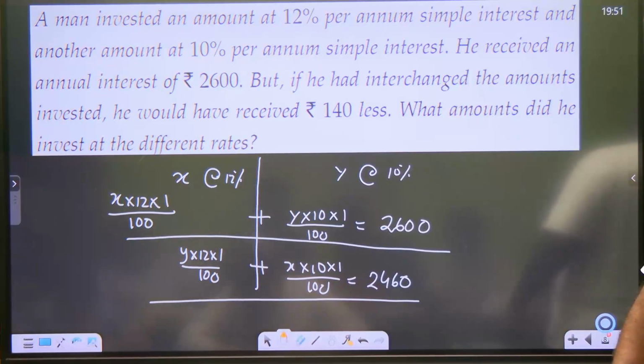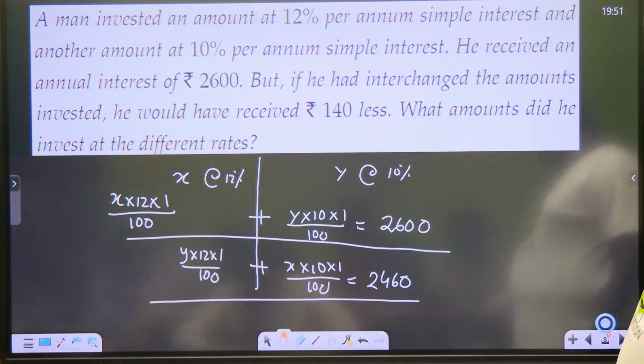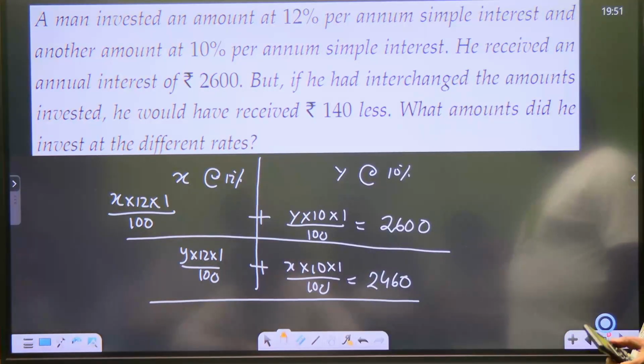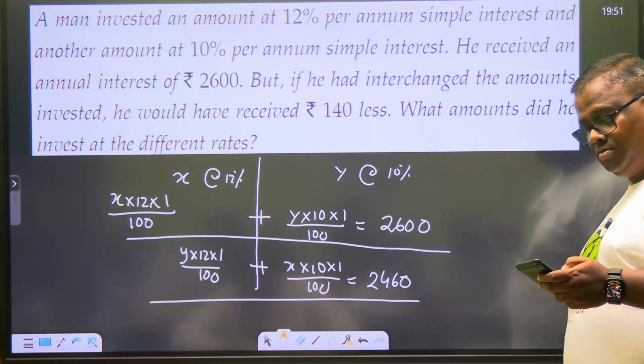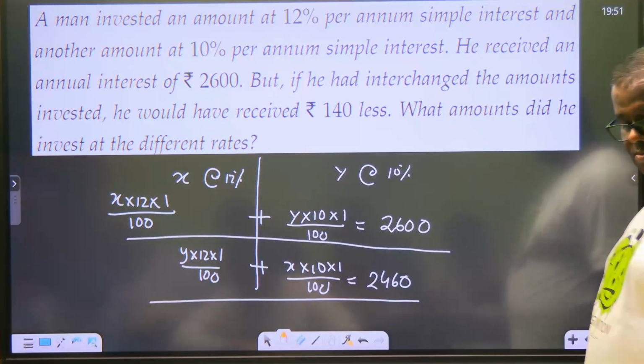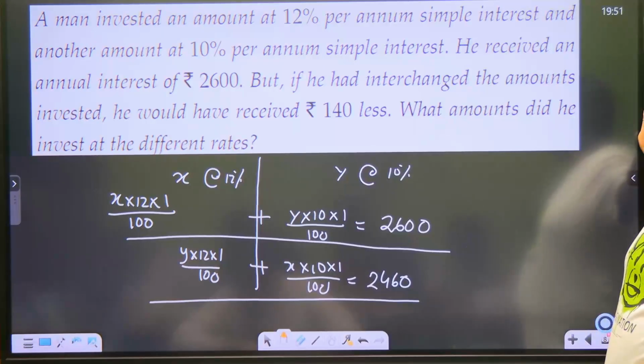Not this. The other calculator solves equations for me. Just enter the equations, they'll solve it. This one doesn't solve. This is 82 years old. This will not solve. What, man ran away with money or what?